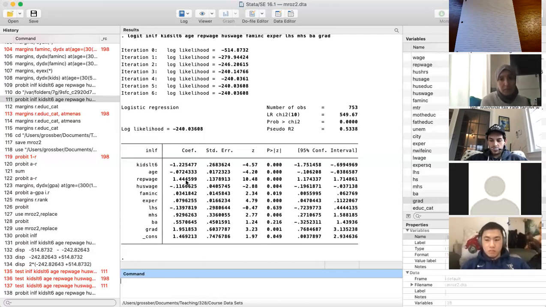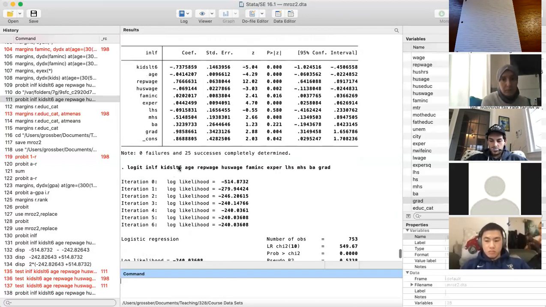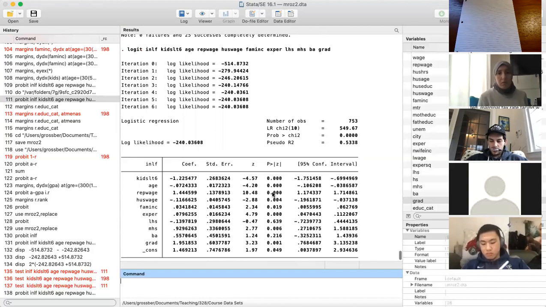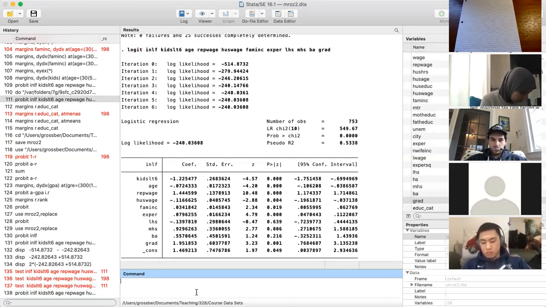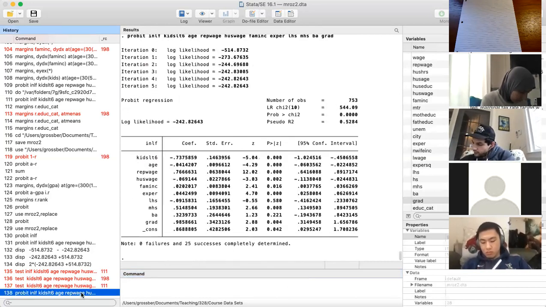So the first thing I want to do before we get to interpretation of these coefficients, which can be complicated. It can be straightforward and it can be complicated. The more clearly you understand it, the more complicated it gets. Before we do that, I want to talk about hypothesis testing with this kind of regression. And let me go back to the probit regression we did.